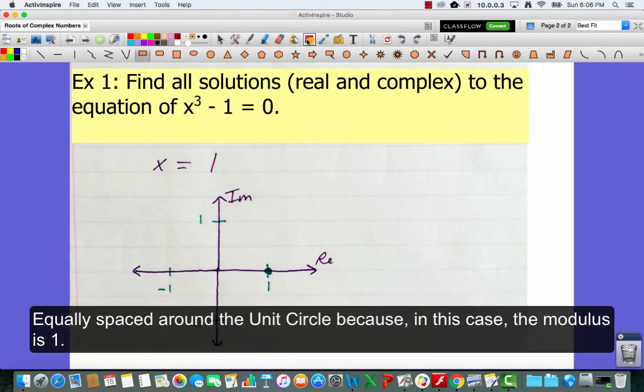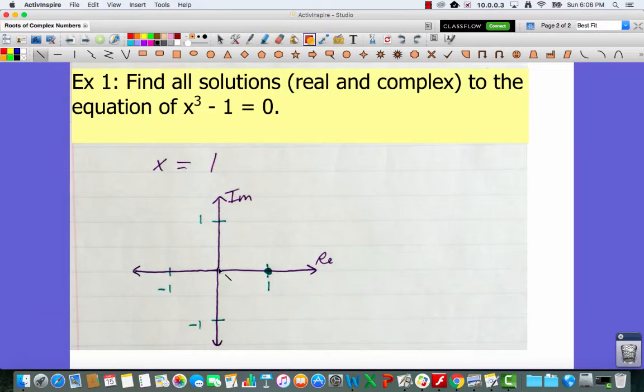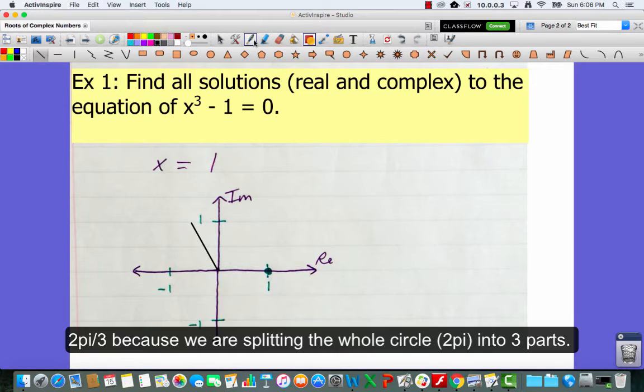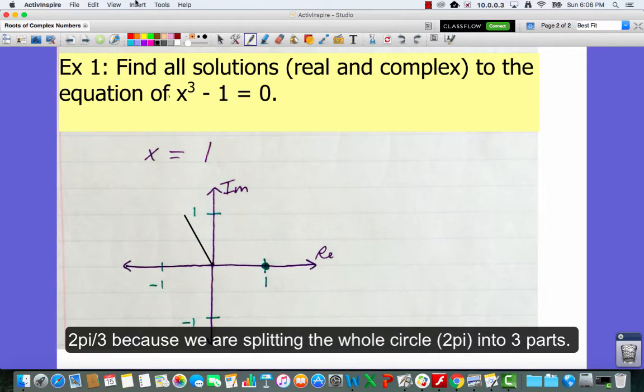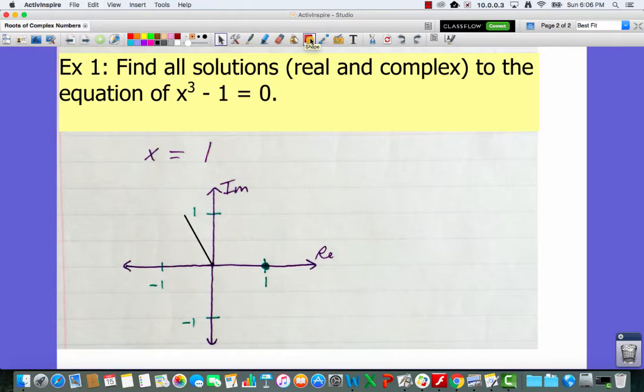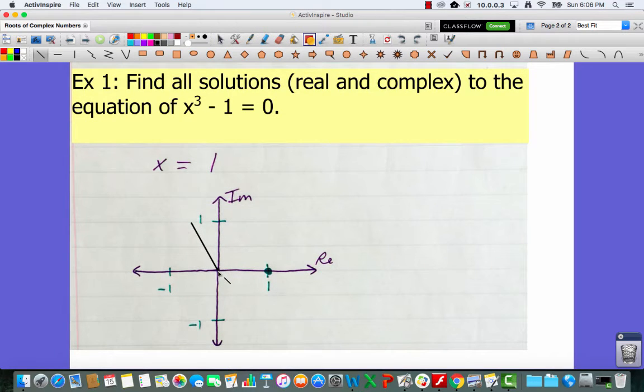So, that means that another solution is up here after a rotation of 2 pi over 3. And the third solution is a rotation of 2 pi over 3 from this point. So down here at 4 pi over 3.